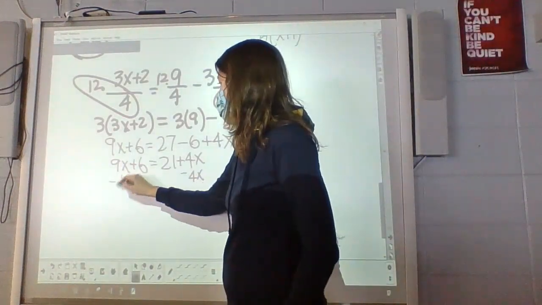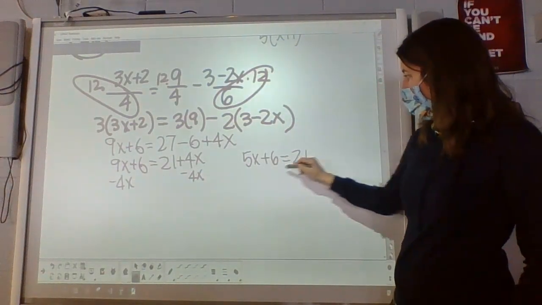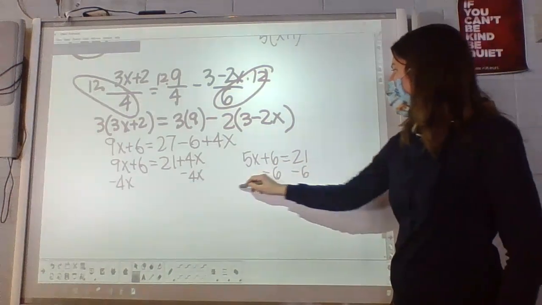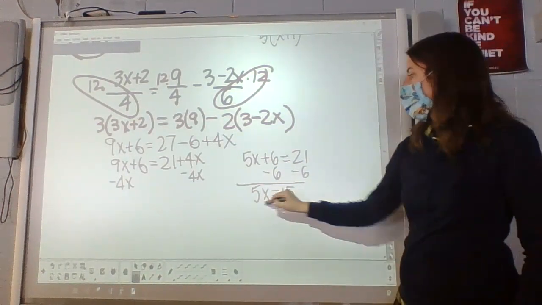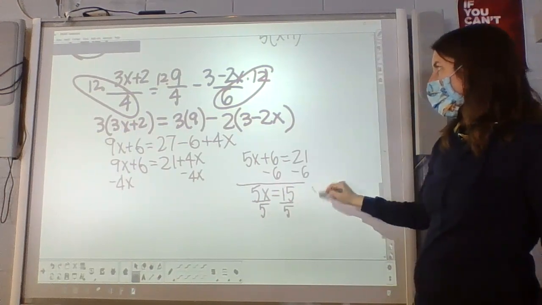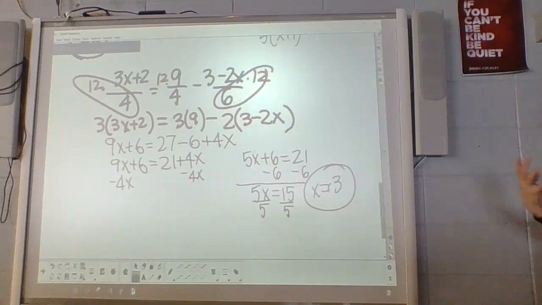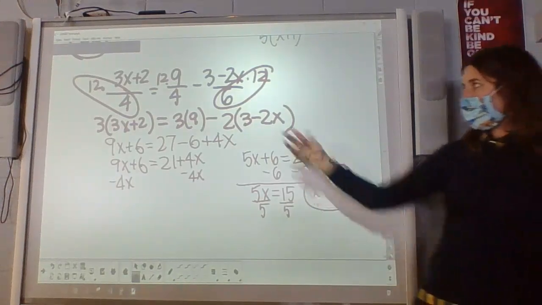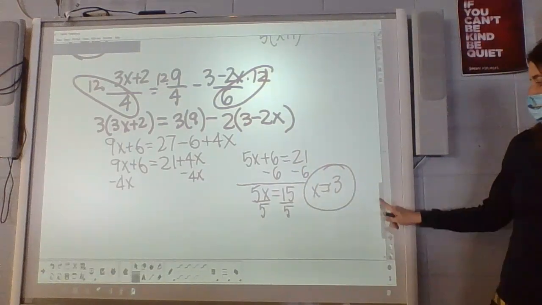Bless you. 5x equals 15, and so then x ends up being 3. But don't forget with these fractions, when we solve them, you just want to double check that this doesn't make any of the denominators equal 0, and it doesn't. So x equals 3 is fine for this one.